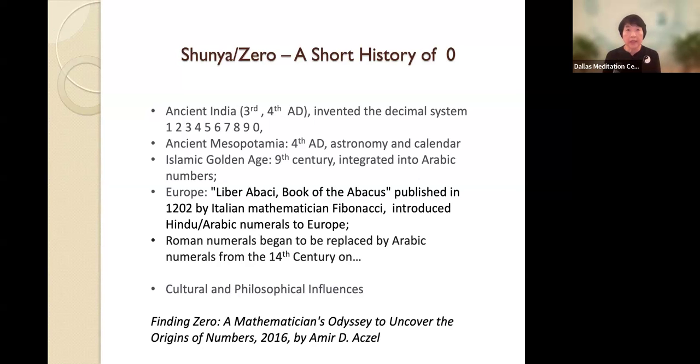There was a resistance in Europe to using the number 0 because of philosophical and religious reasons, not wanting to acknowledge the number 0 as nothing. If God is omnipotent and omniscient, then the number 0 just doesn't fit into the map.